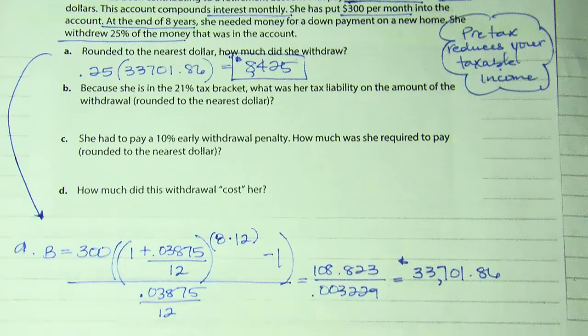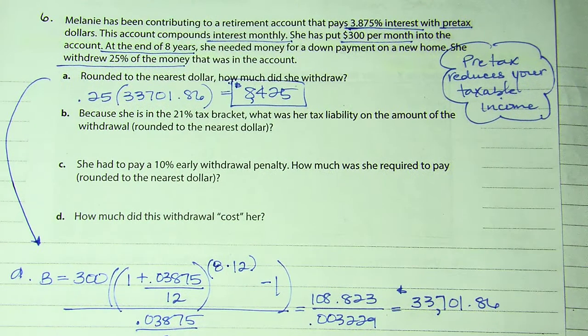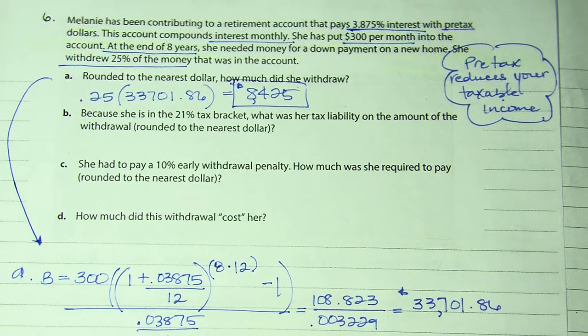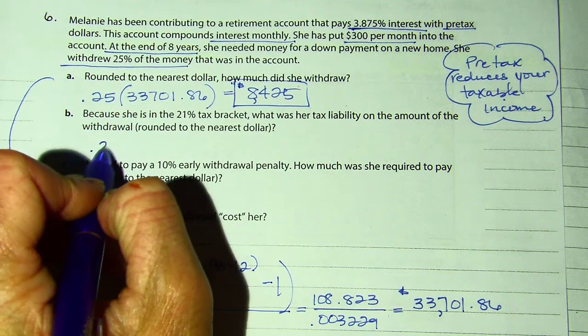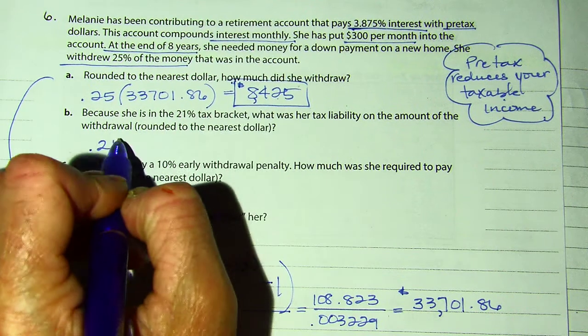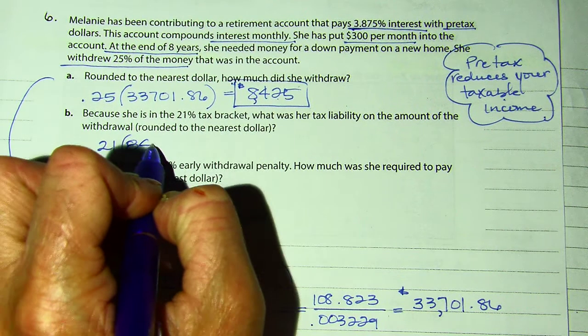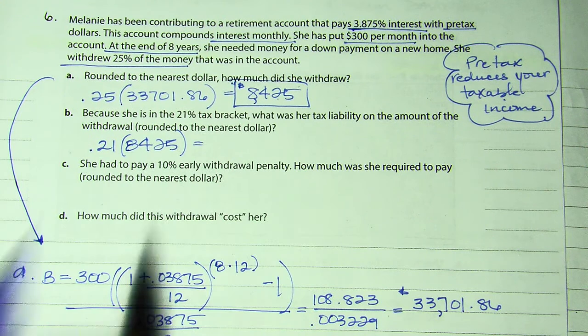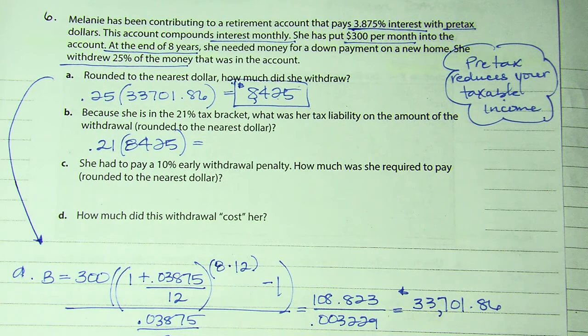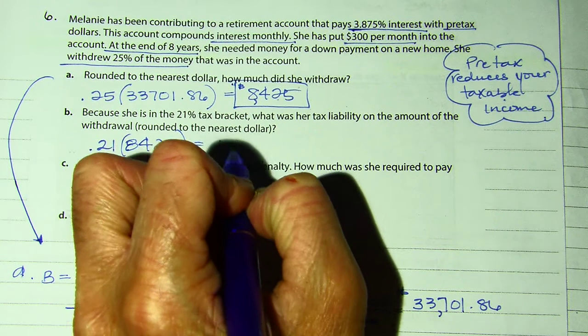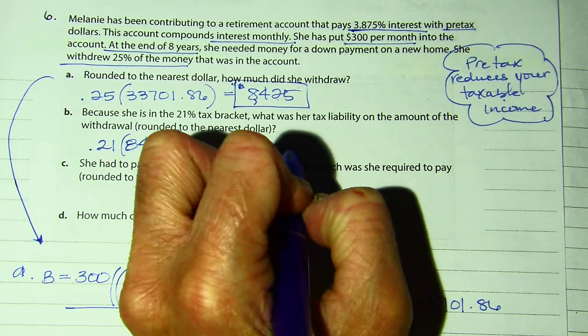Because she's in the 21st tax bracket, what was her tax liability on the amount she withdrew? So 21% of the amount she withdrew. If you multiply that, I get her tax liability is $1,769.25.